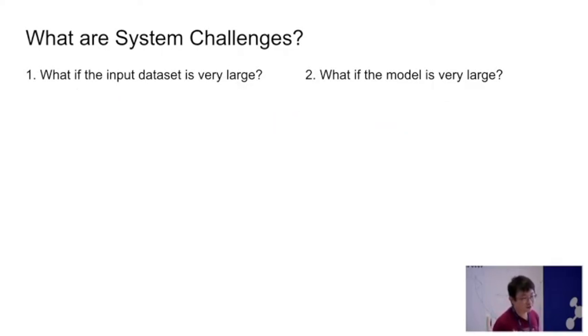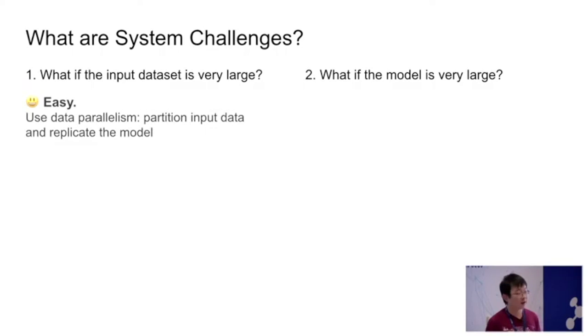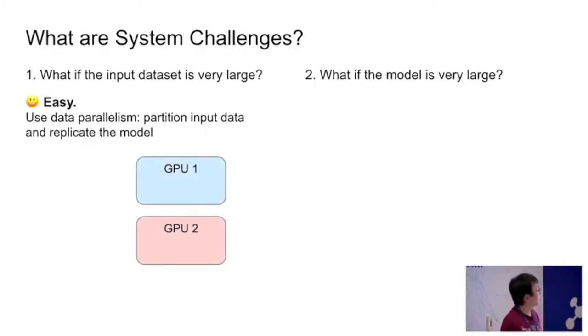Okay, so the difficulty of these two problems is different. The first problem is actually a lot easier and has been studied pretty well. It is called data parallelism. And I think you guys heard this term many times in these 2 days. We can partition the input data and replicate the model. So here are 2 GPUs.